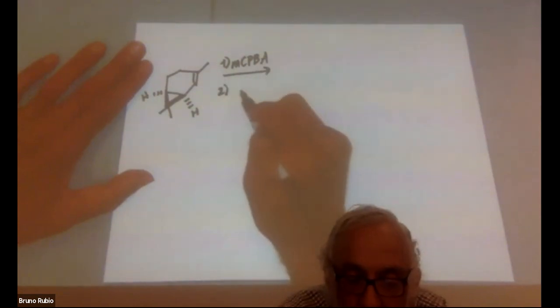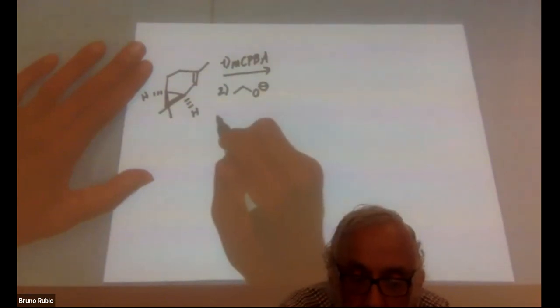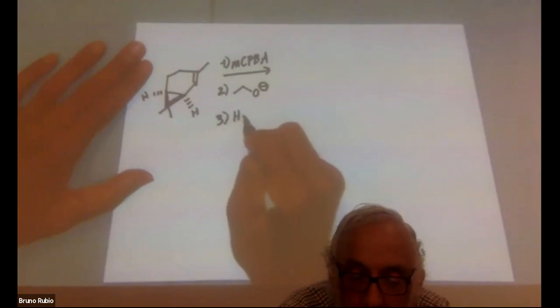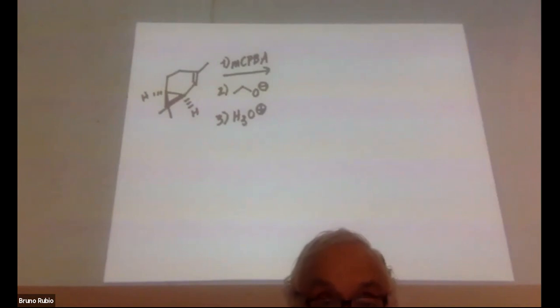Second step, ethoxide. Third step, H3O plus. And you see the layout of this problem? For your quiz next week, problems like this, 100% guaranteed. Product prediction. Draw the structure of the product.